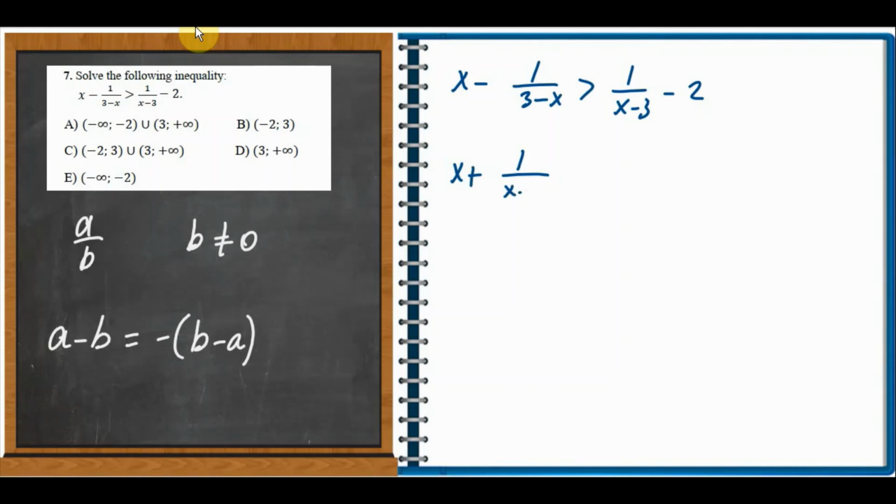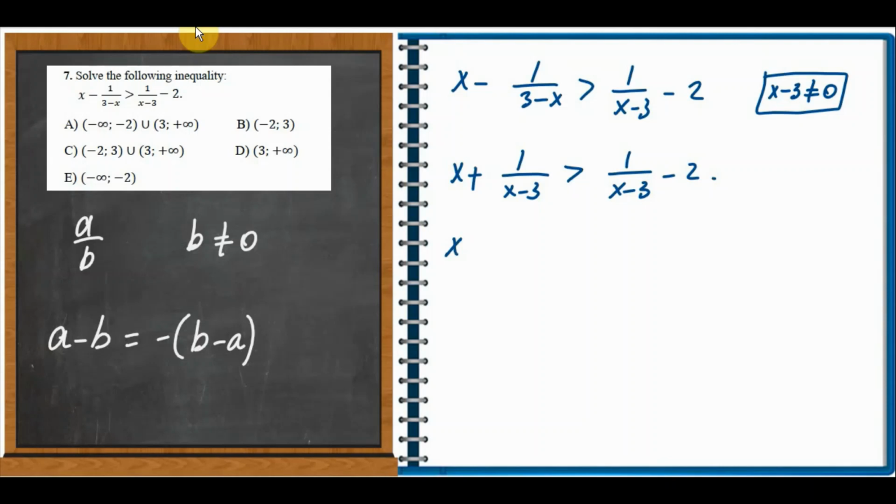Therefore, we will write x minus 3 and change the sign of the fraction, is more than 1 over x minus 3 minus 2. Now, we said that x minus 3 must not be equal to 0. And as long as this condition is correct, we can multiply all the terms by x minus 3.